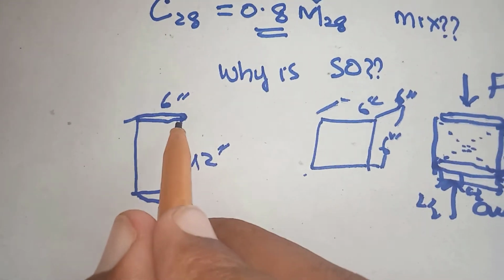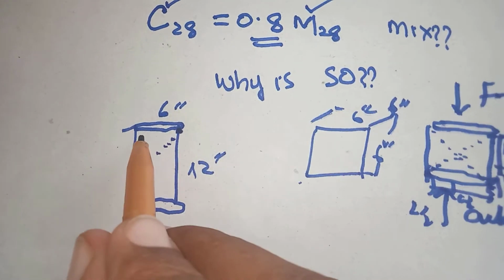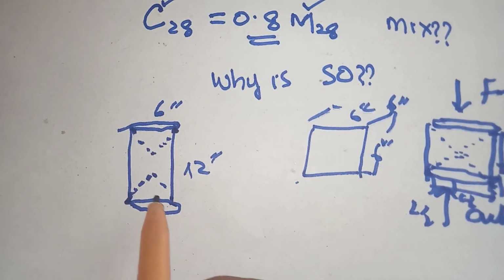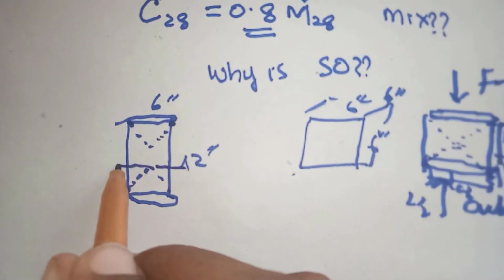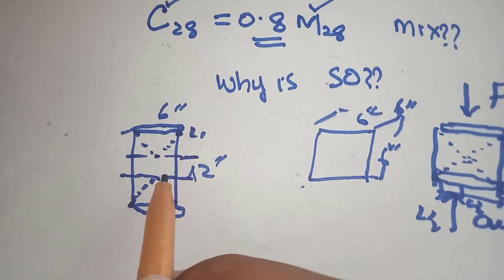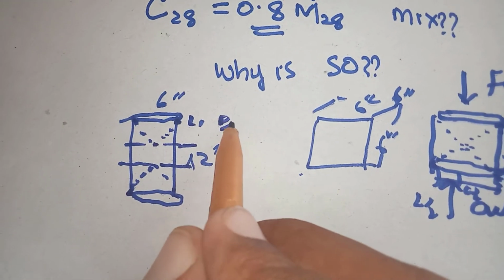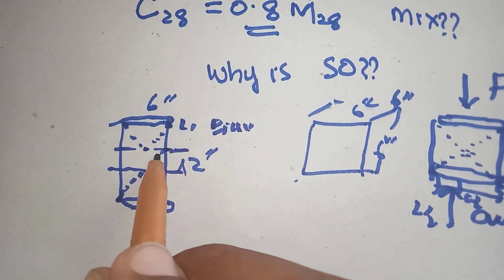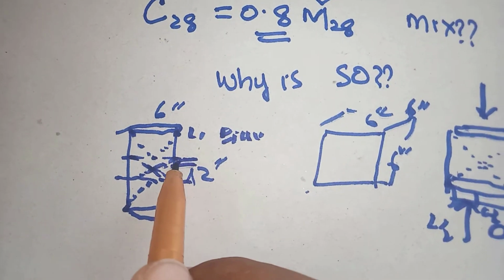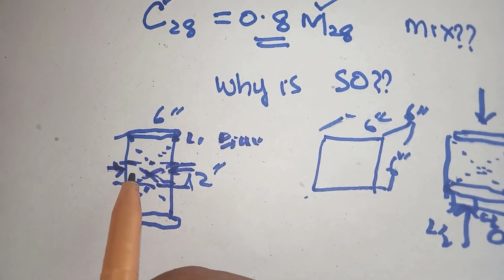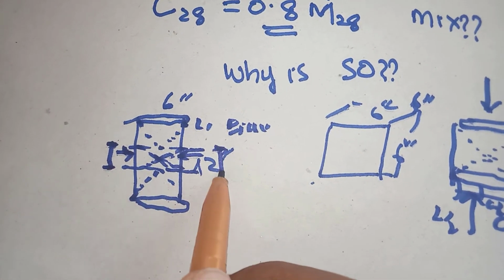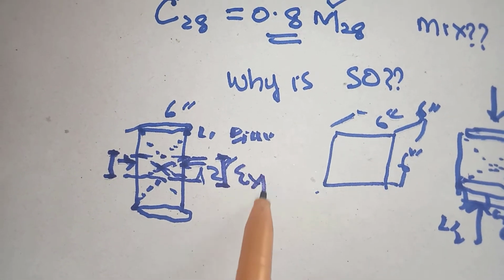The reason is, when it is placed in the testing machine, its force acts by this length as biaxial, while in this portion no force acts from this side. So this portion of the cylinder is free to expand.